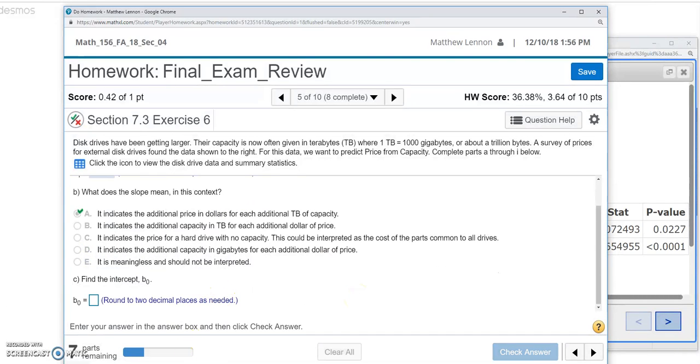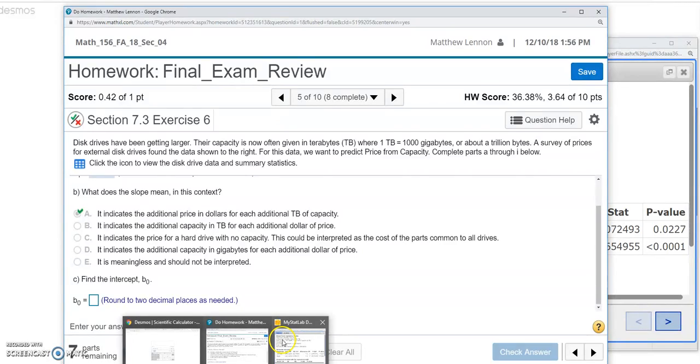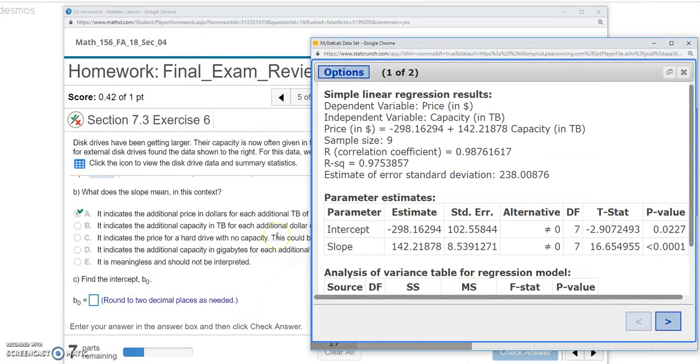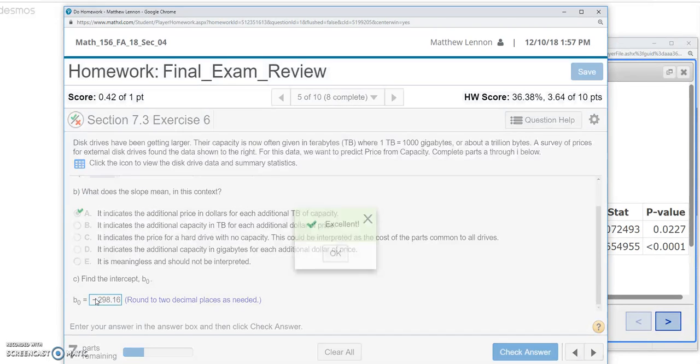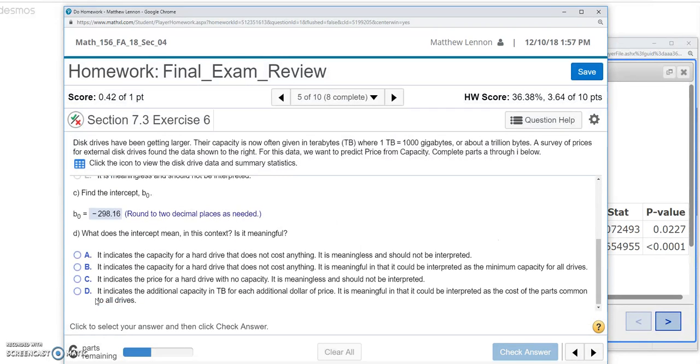Find the intercept. Well, we've already got that. Just go back to the data. So it's negative 298.16. All right, and because it doesn't really make sense in the context of paying for 0 terabytes, it really shouldn't be interpreted.